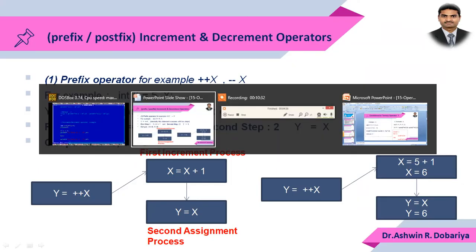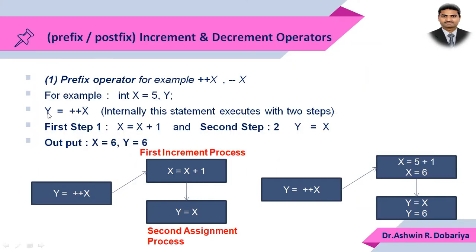Here you see x is in pre-increment and assigned to y. So whenever the pre or post increment operators are used, internally it actually performs two steps, two processes. It displays only one, but internally it executes two steps. Step number one: pre means first it increments one value.